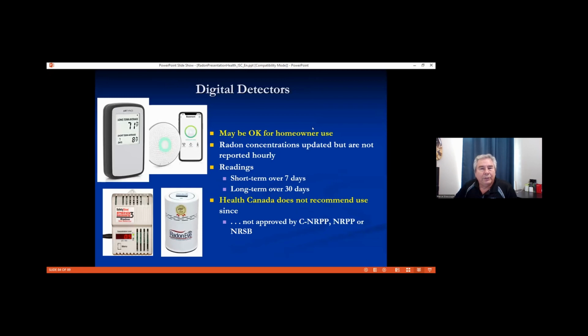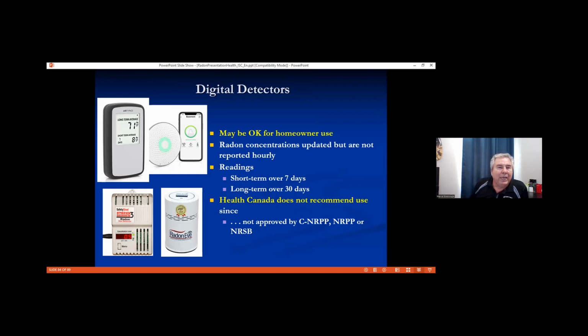We have digital detectors also. All kinds of new devices are coming out every year. With these devices, you can get the readings directly on the machine itself or through an app on your smartphone, and they're okay for homeowners. As a professional doing radon measurement, we can't use these devices because we can't analyze the data from hour to hour.